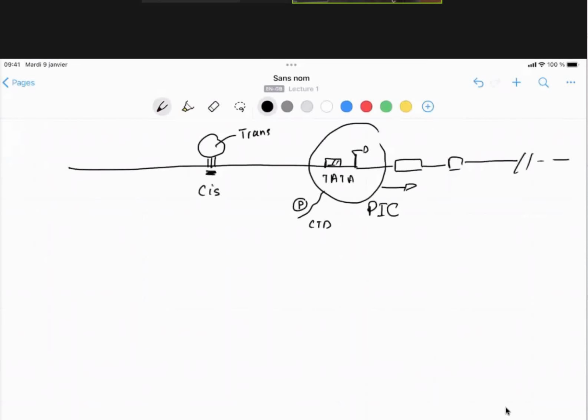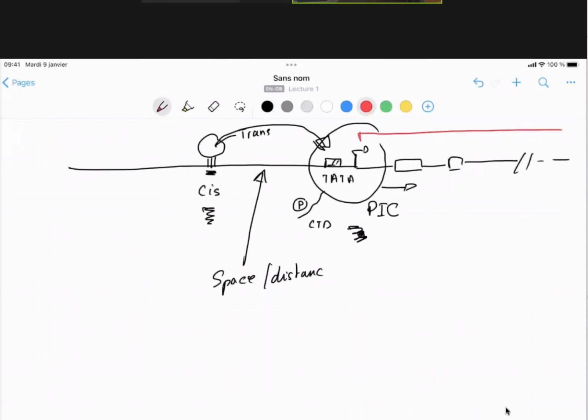trans-regulatory elements. How can a protein that recognizes DNA activate the RNA Pol2? It has to interact in order to trigger the phosphorylation. What I want to talk to you about is the space, the distance between the core promoter and the cis-regulatory element, because it's quite complicated in the coding region.